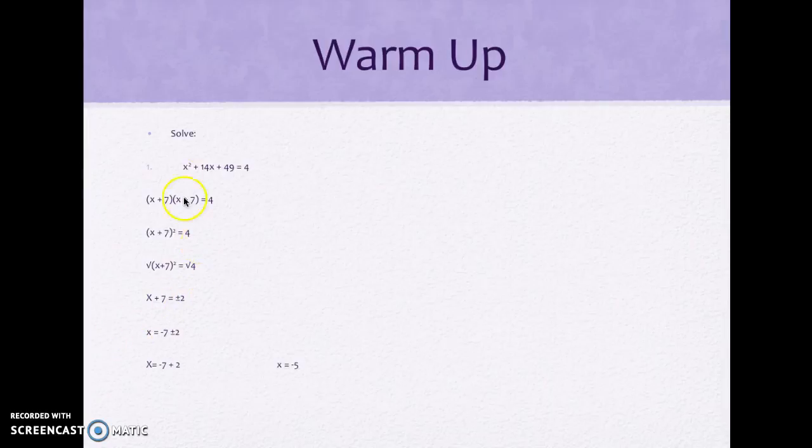So when we take x equals negative 7 plus 2, we're going to get x equals negative 5. When we take x equals negative 7 minus 2, we're going to get x equals negative 9. So our solutions to this quadratic will be x equals negative 5 and x equals negative 9.